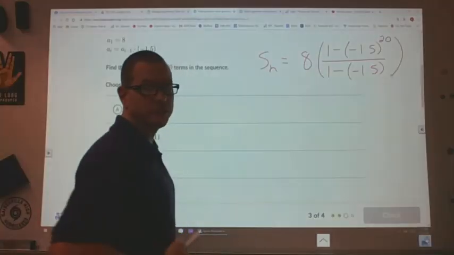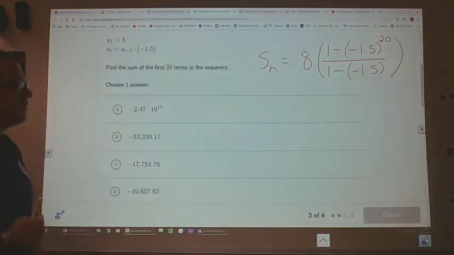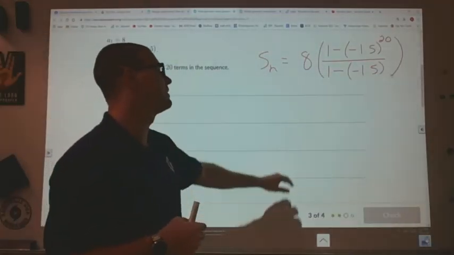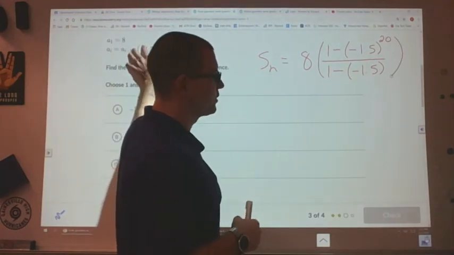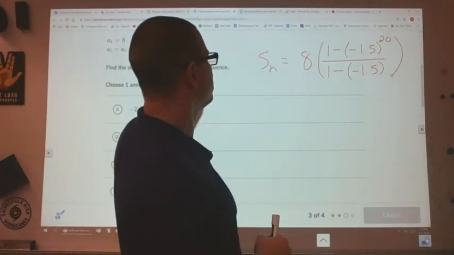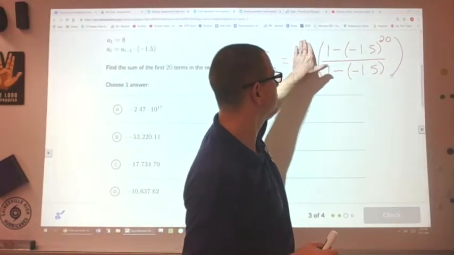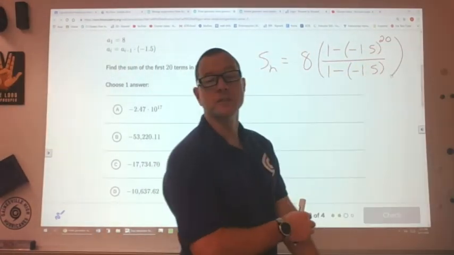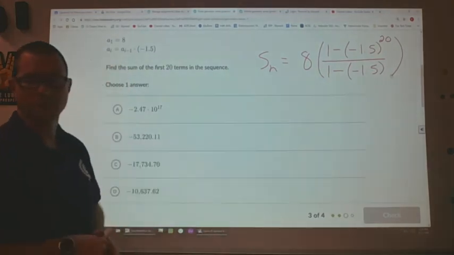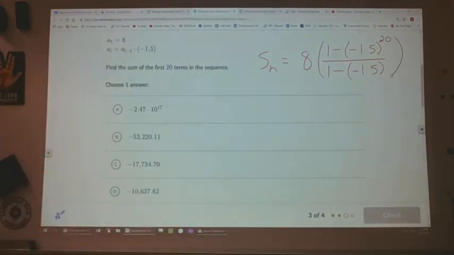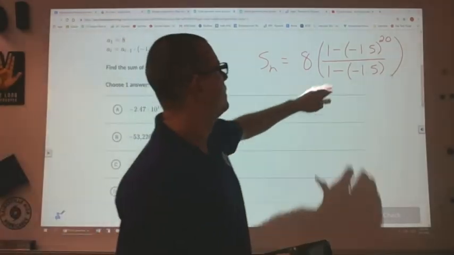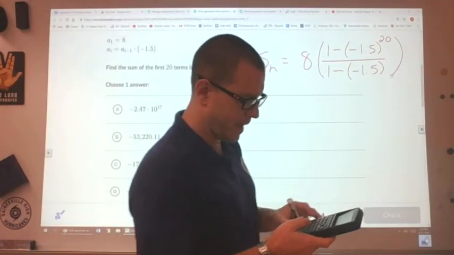Again, it's just filling in that formula. They've given me 3 different information scenarios. And every single time, it's just how can I take this and find the initial term, the rate, and the number of terms, so I can just use that formula. That's why formulas are nice. And again, it's just evaluating this. Really the same steps that I did on my calculator before. So we do the negative 1.5 to the 20th power first.